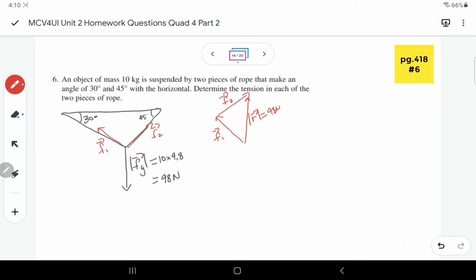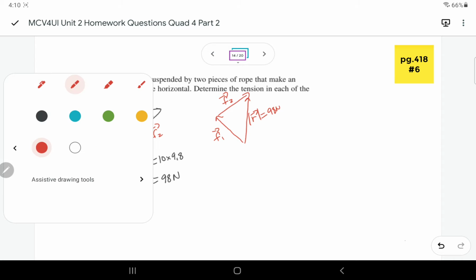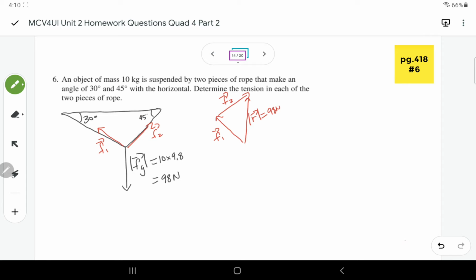So what we really need to do is figure out what the angles in this triangle are, because then we can find the magnitudes. If I subtract the 30 and 45 from 180, that is going to be 105 degrees at the base there.